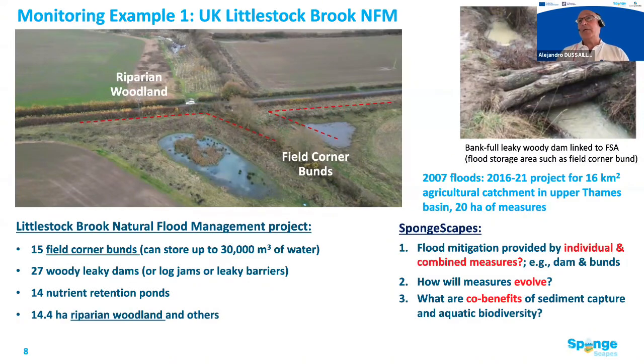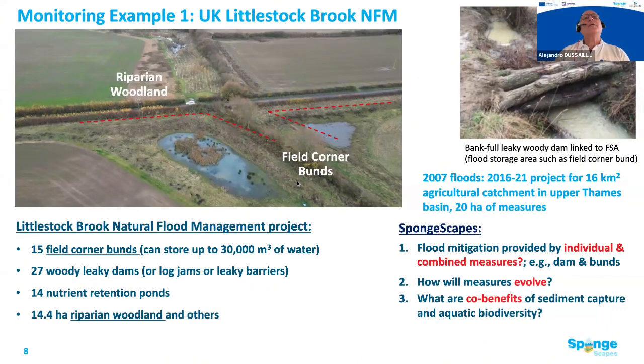It was monitored partly by us, but actually a partnership from 2018 to 2022, and then SpongeScapes took over in 2023 in a subset of this very large project, which includes about several hectares of different kinds of measures, which include, like in the picture, this is the Little Stock Brook going downstream. It's a typically ditched agricultural landscape stream.